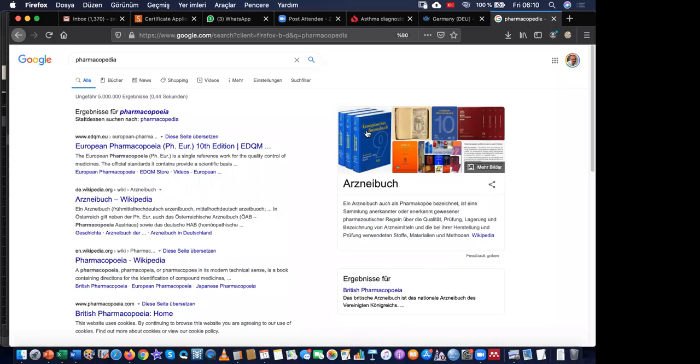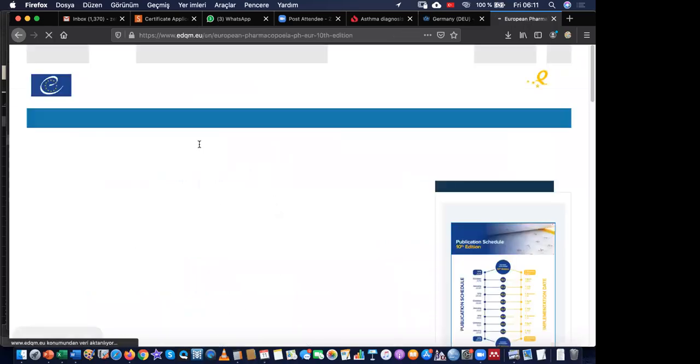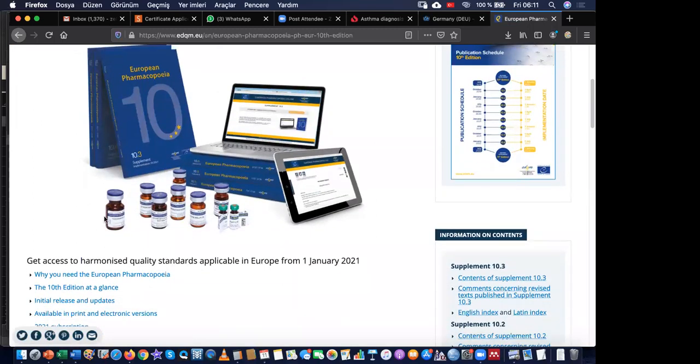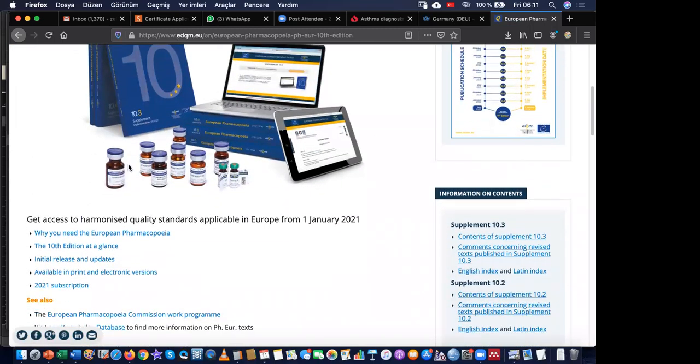In a pharmacopoeia, you have the number of the list of the medications available in the market. This is the European pharmacopoeia.